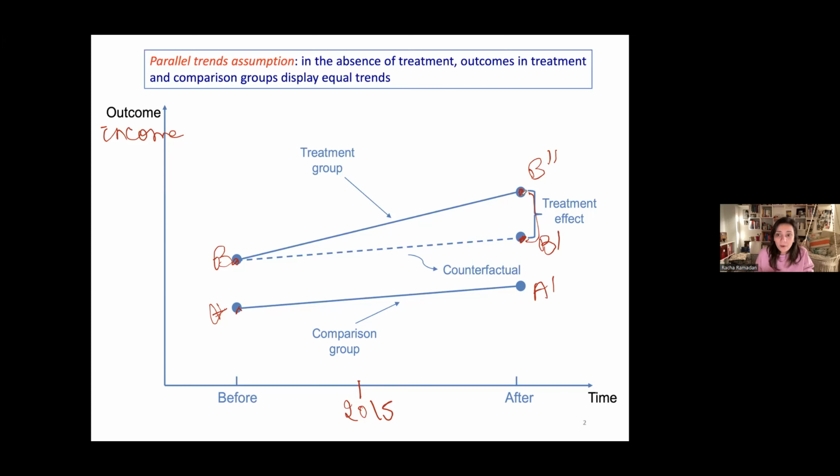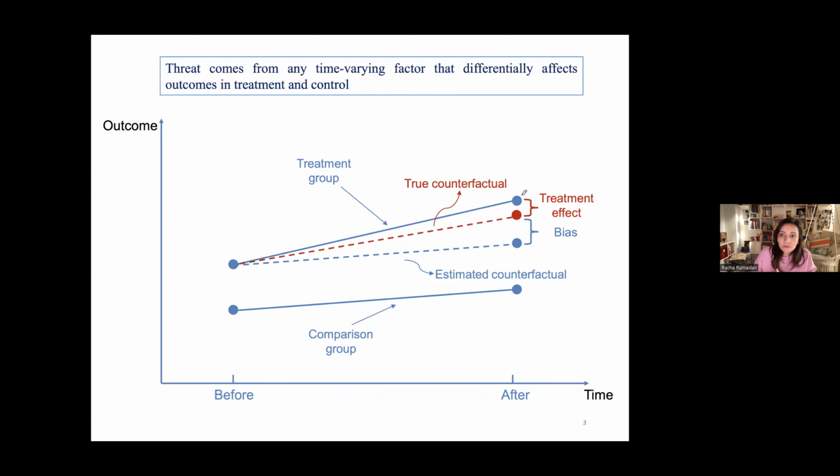Okay. However, it's possible that there is a bias because the individuals, as we said, are not randomly selected to participate in the program. Because we see that from the beginning, the group who had been benefiting from the treatment have different characteristics, observable and non-observable. So here this was B prime, this point was B double prime.